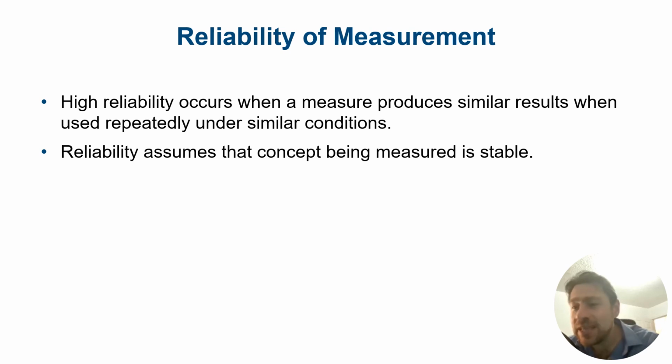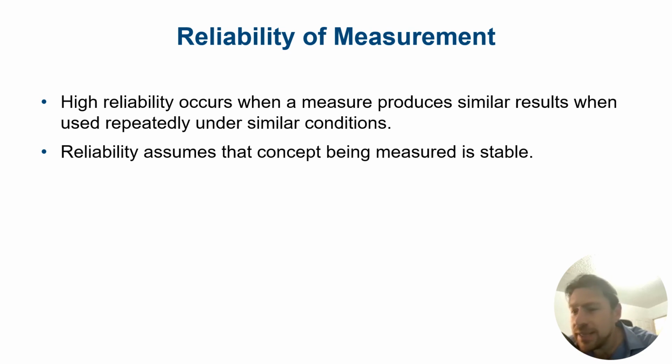So if you take the same test multiple times, do you get similar scores? If the answer is yes, if you get similar scores, then that is a highly reliable test. If the answer is no, the scores are all over the place, then that is not a reliable test or not a reliable measure.